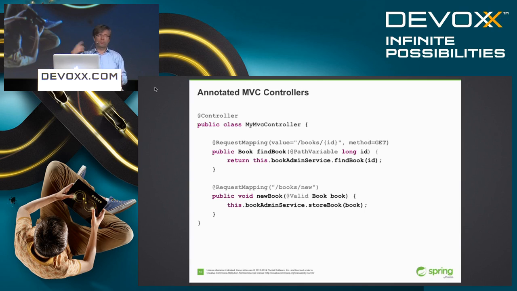You can do the same for standard request params, for request headers, for cookie values. You're basically building a signature for the endpoint method as you need it, and you add specific parameter-level annotations to each parameter of your endpoint method to declare how that parameter is supposed to be resolved.